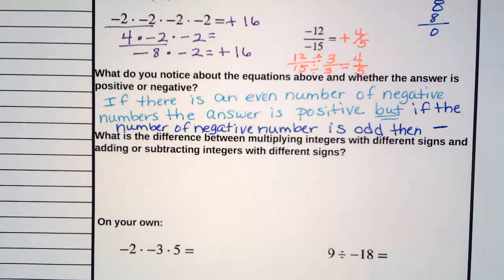What's the difference between multiplying integers with different signs and adding or subtracting integers with different signs?